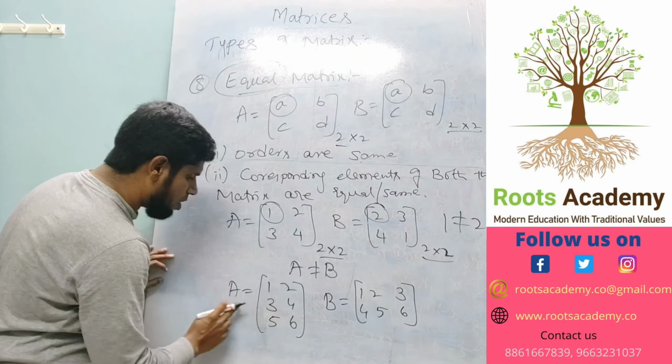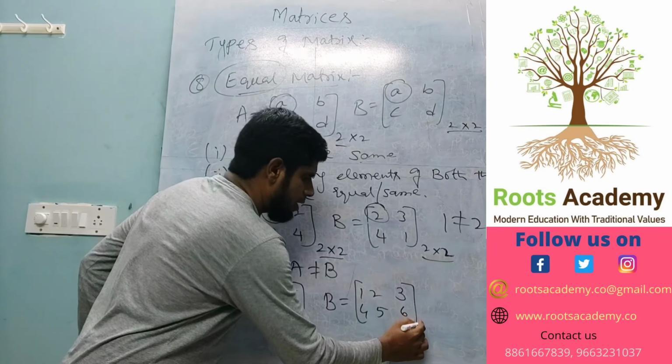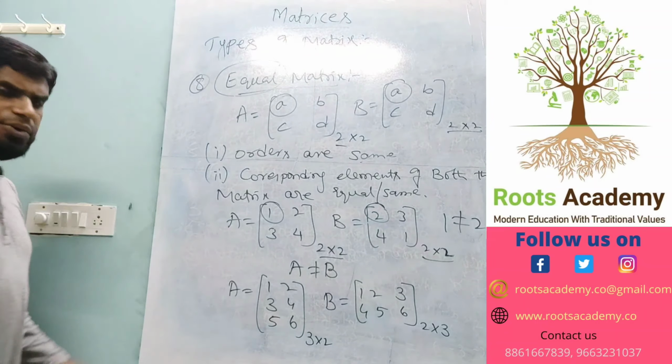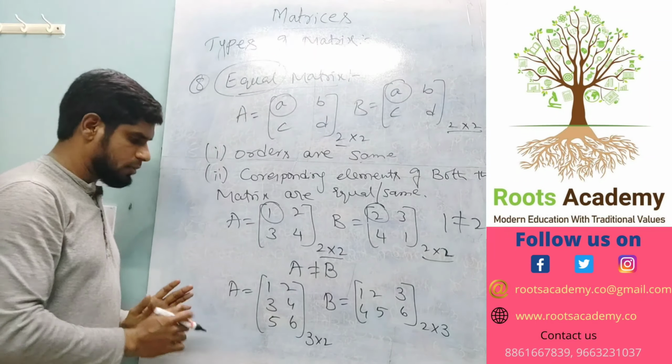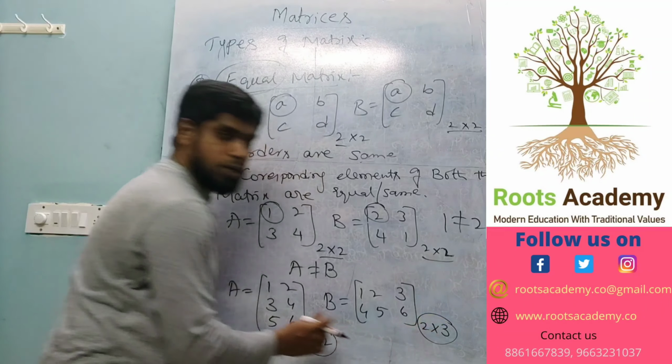But what is the order of A matrix? 3 cross 2, and here it is 2 cross 3. Student, no need to even bother about the corresponding elements here. We just came to know that orders of the matrices are totally different.